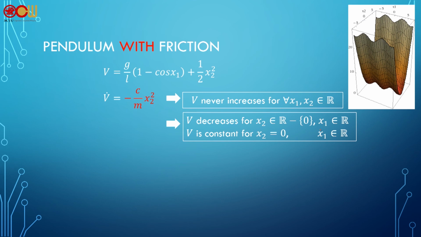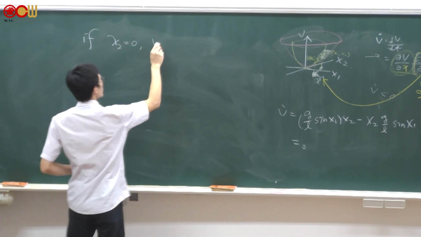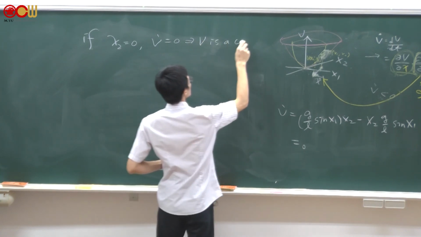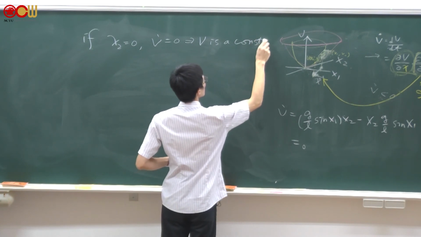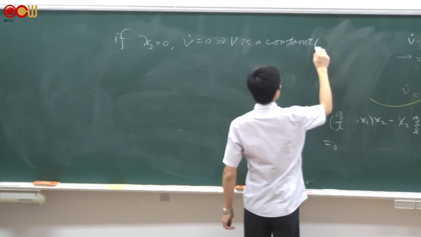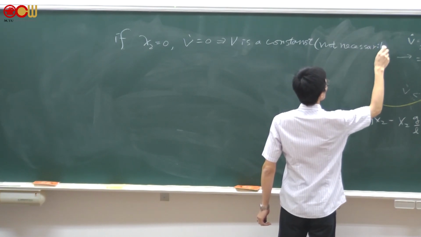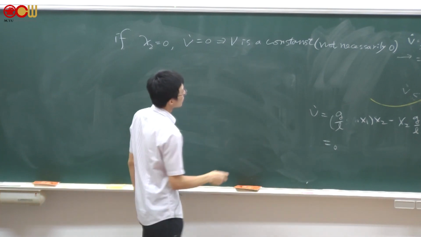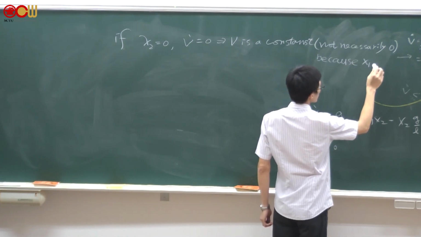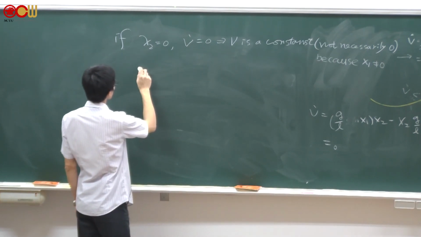This is v. If x2 is 0, v dot will be 0. V is constant, and not necessarily 0, because x1 might not be 0.